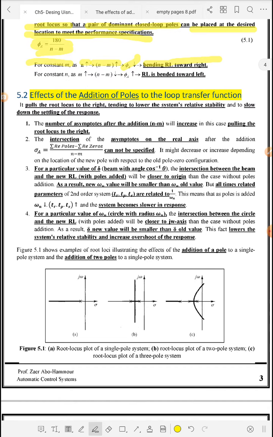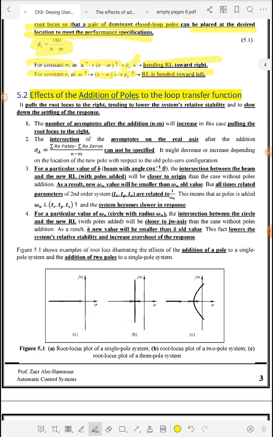On the other side, if we assume that n, the number of poles, is constant, and we increase the number of zeros, then n minus m will be reduced, and this means that phi a will be increasing, and the root locus will be bending to the left hand side. This means it has better relative stability, moving away from the j omega axis.